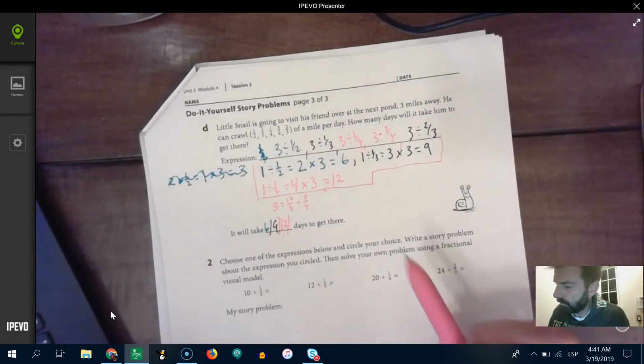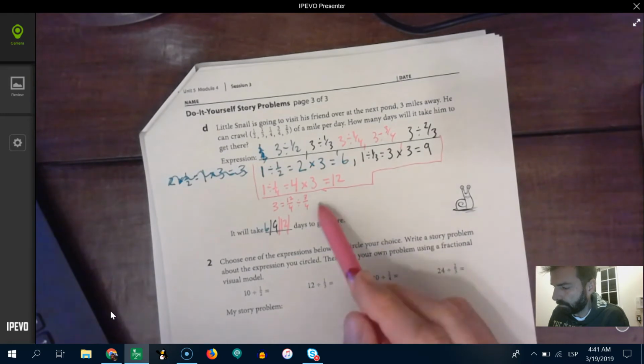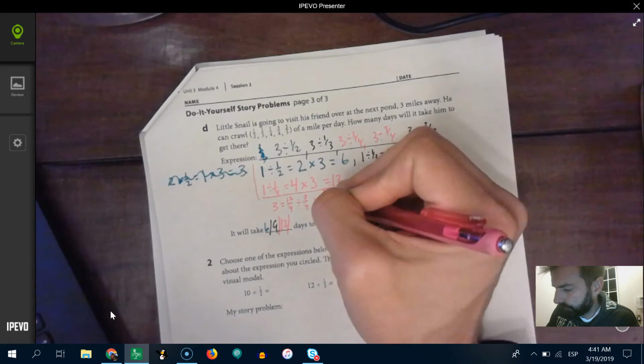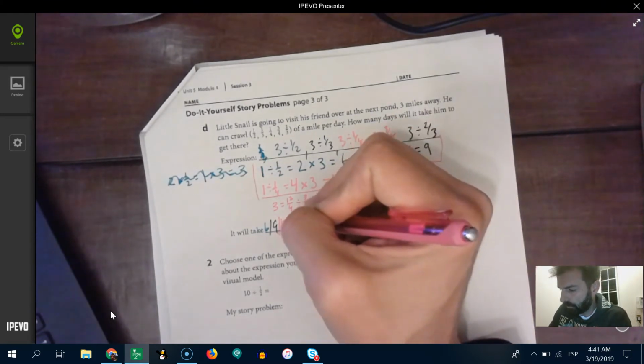I'm looking at 3/4, right? So I'm saying 12/4. How many 3/4 are there? Looks like 4. So that would mean it would take me 4 days to get there.